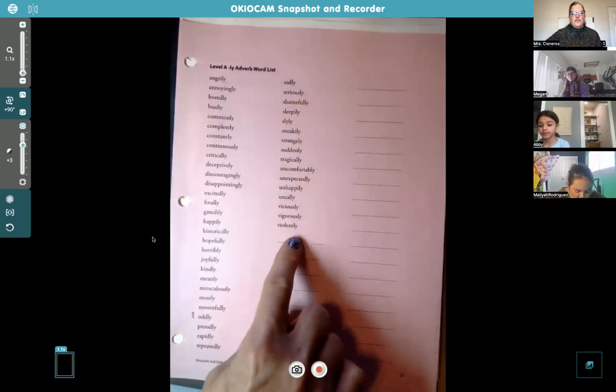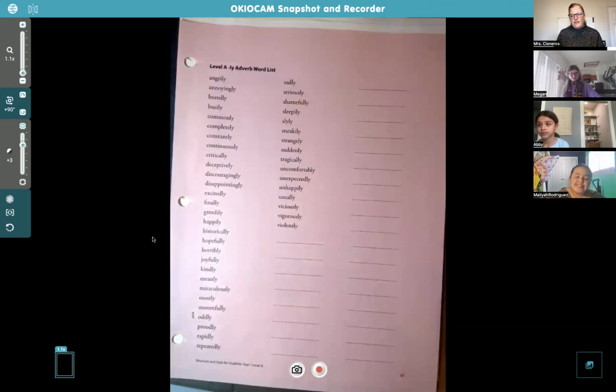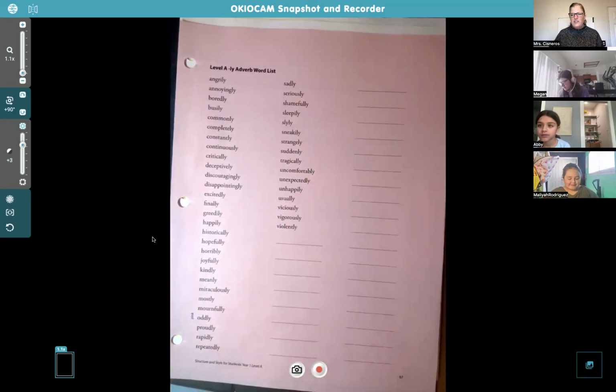And notice all these extra lines here. You get to add as you're reading other books or as you're even talking to people or even at the store looking at stuff, you're going to find some great ly adverbs around in the world, right? If you see one or you hear one and you're like, man, I got to remember that one. That's a good one. You can write it on your list here and use it in your writing.